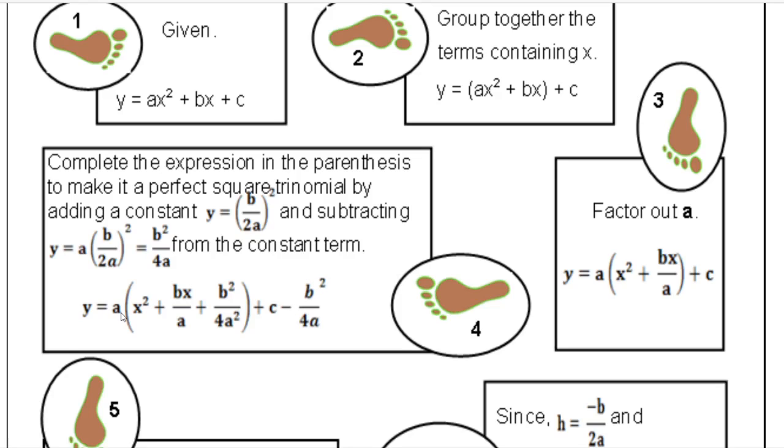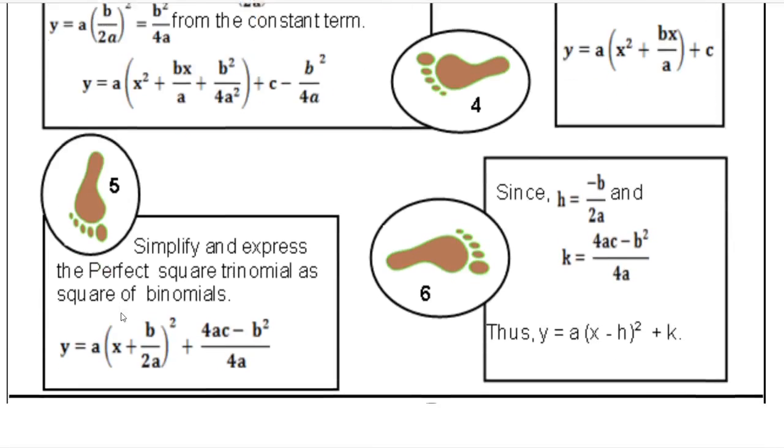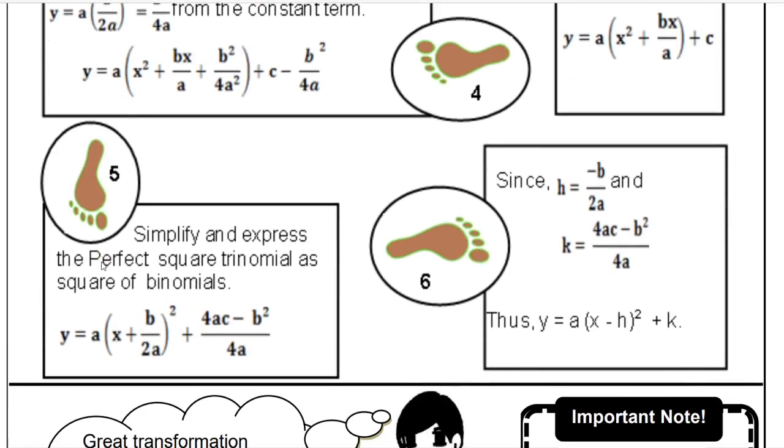Next, step 5. Simplify and express the perfect square trinomial as a square of a binomial. Since this one is a perfect square trinomial, you can write it as a square of a binomial. The factor of b squared is b, the factor of 4a squared is 2a.